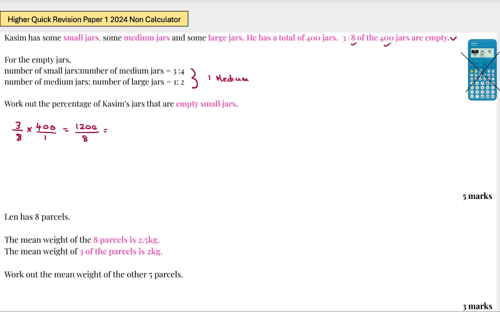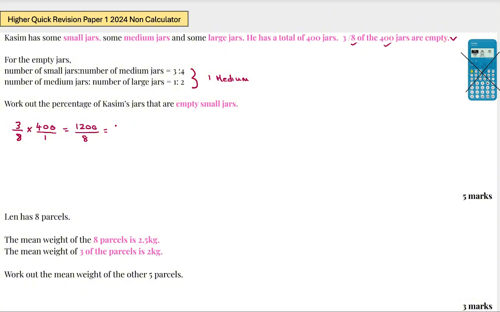Now, some people will be able to sort this out straight away, but I'm going to simplify it as I go along, for those people that are maybe on the foundation paper, and this is towards the back of the paper, that don't understand it as well as higher students.